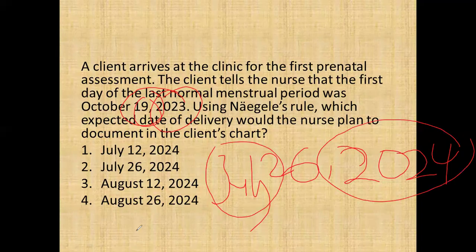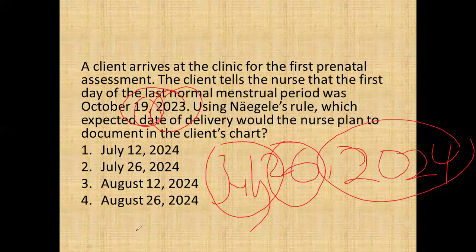So we subtracted and got July, we added 7 days and got 26, and after adding 1 year, we got 2024. Then the second method is: after adding 7 days to the day, we don't subtract, but we rather count 9 months forward.